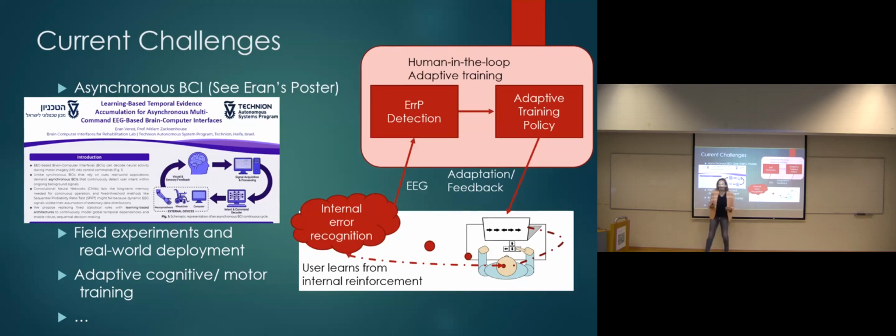If the person detects that he made an error, there is like a reinforcement signal that he can learn from. And we can detect whether the person detected his own error, whether there was an internal error of cognition or not. Using this information, we can adapt or give feedback to the person.